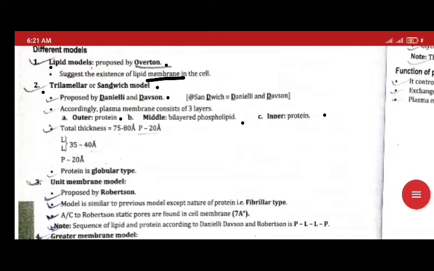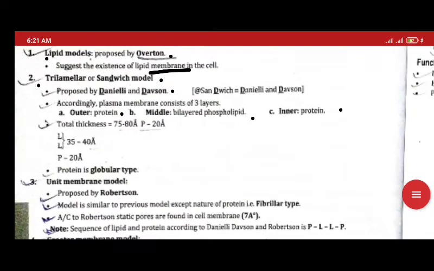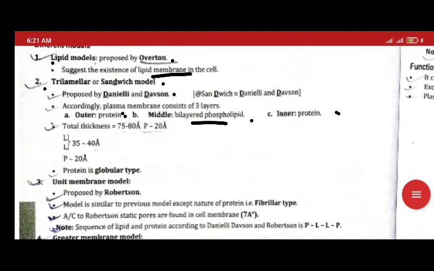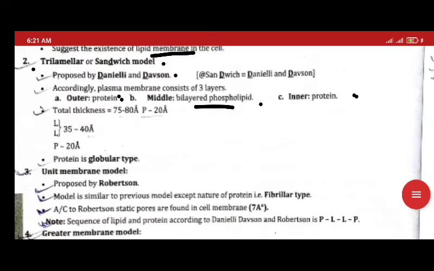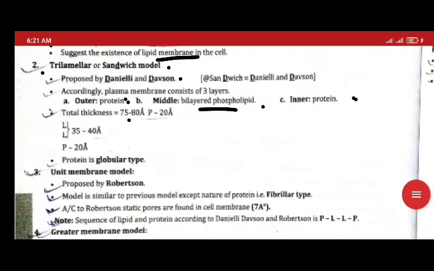In a sandwich the middle part is the main filling, like vegetables, and the outer is bread. Likewise, outer and inner are protein, and in the middle there is a bilayered phospholipid. Always remember, the plasma membrane is always bilayered. The total thickness is 75 angstrom.